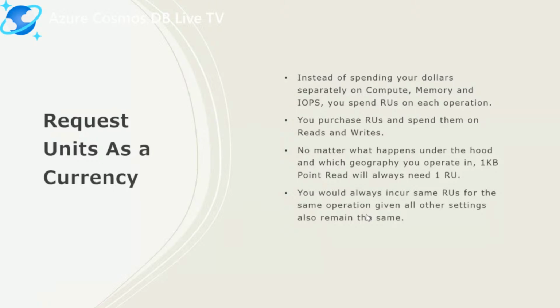If I have to perform 10 point reads in a single region and the document size is 1 KB, I will spend 10 RUs, and accordingly you can estimate your expenditure. So RU is the virtual currency. You buy X amount of RUs, and then spend those RUs on read and write operations. This is how the Cosmos DB RU operates.